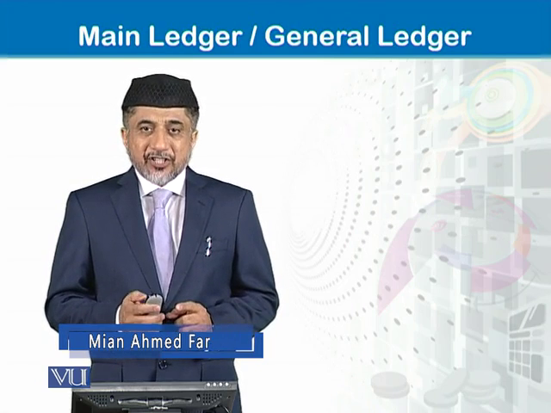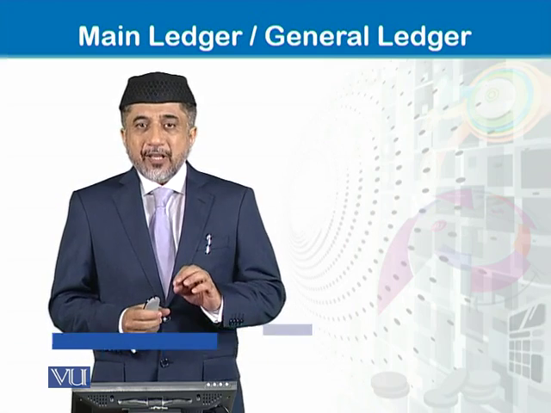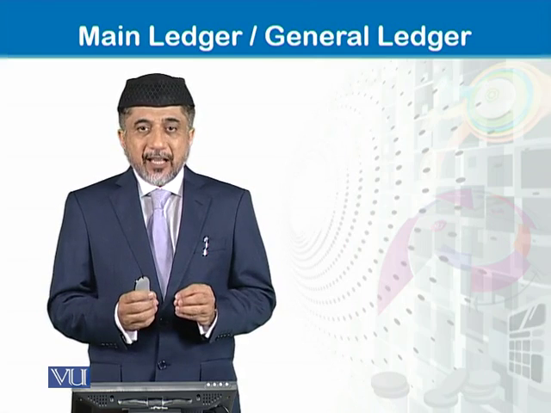In a journal, in fact, we cannot trace the final balance of an accounting head. We know very well that journal is a book in which financial information is recorded in a chronological sequence, in a date sequence.